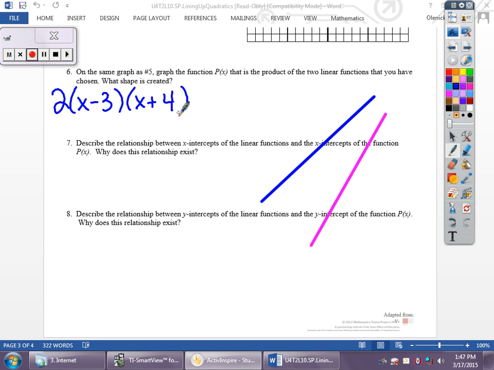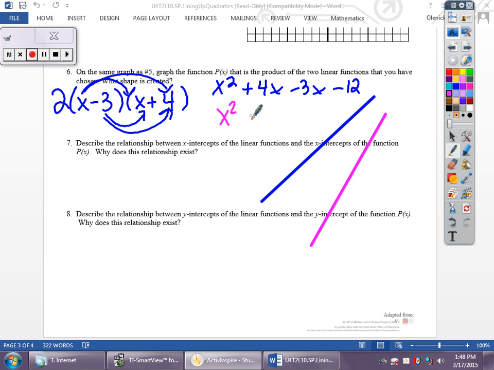You guys decided that we would double distribute first, so that's what I'm going to do. X times x is x squared. X times 4 is plus 4x. Negative 3 times x is negative 3x. Negative 3 times 4 is negative 12. Cleaning it up, I get x squared plus 1x minus 12.